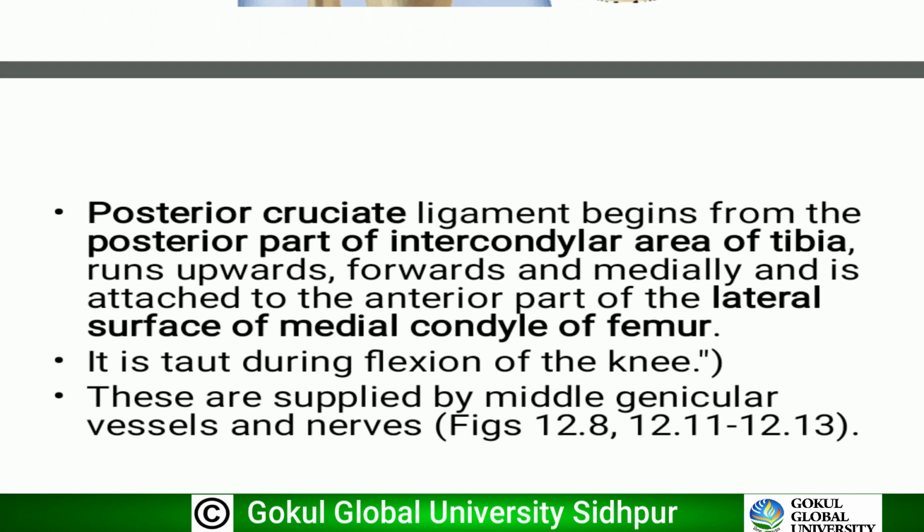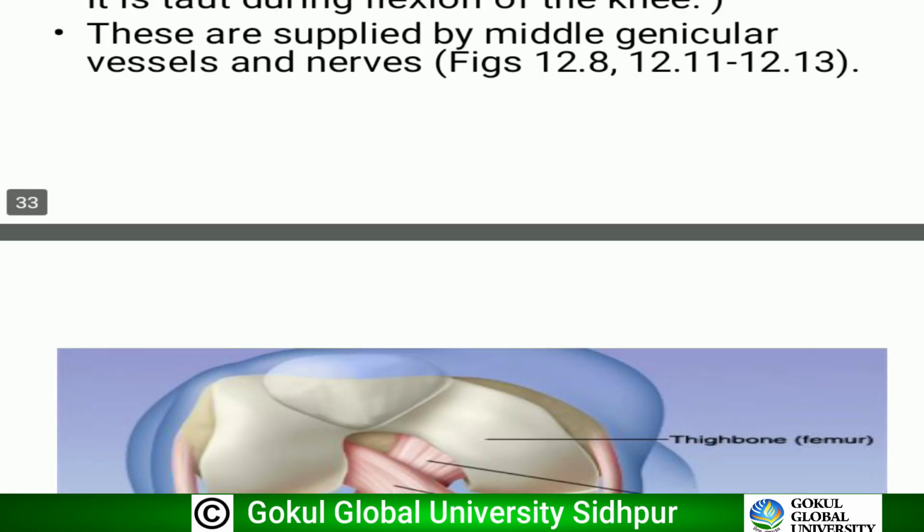In ACL we saw the medial surface, here the lateral surface. It is taut during flexion, not extension, of the knee. These are supplied by medial genicular vessels and nerves. Okay.